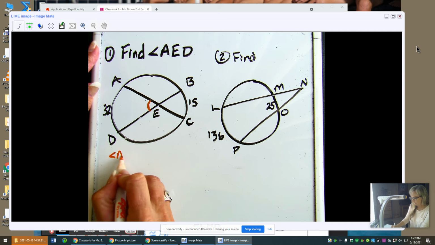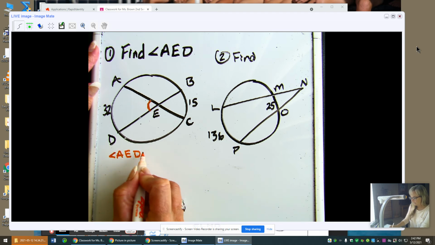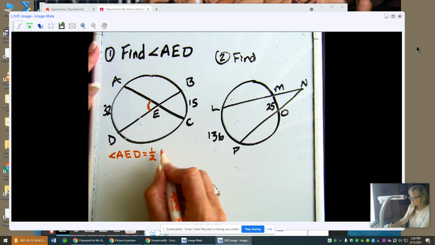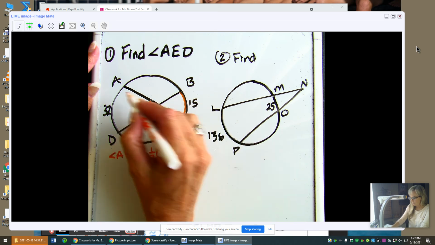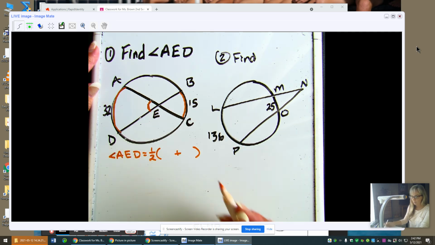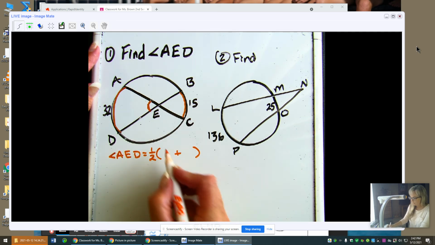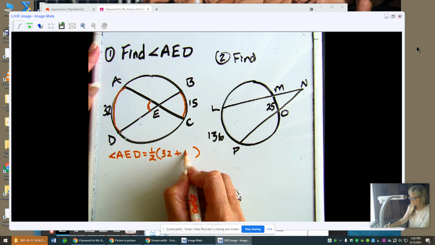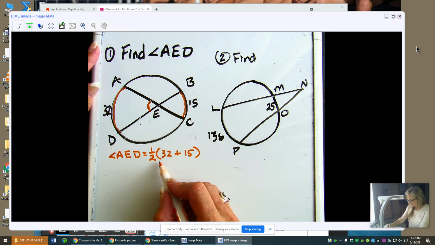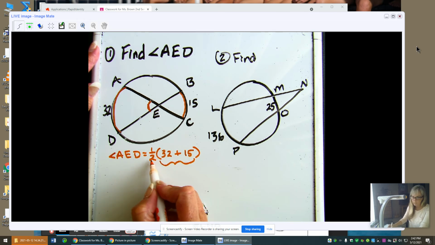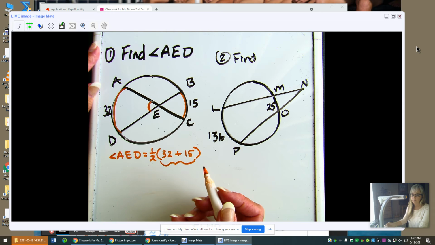We could say angle AED is, you might remember, half the sum of the two arcs created by those two chords. So the sum of 32 plus 15. I'm not going to solve today. It's like add it, divide by 2, and you're done.